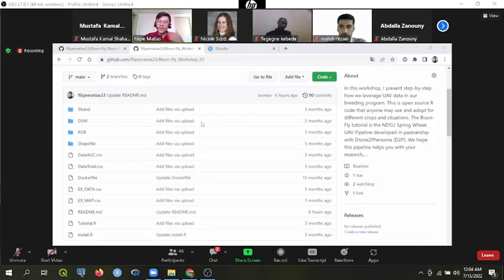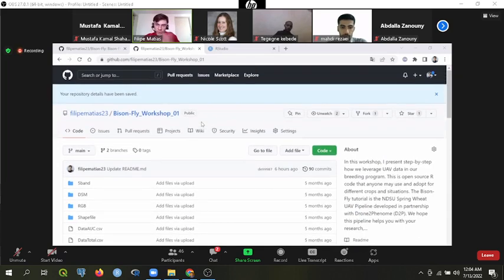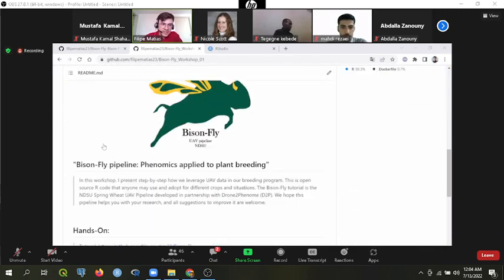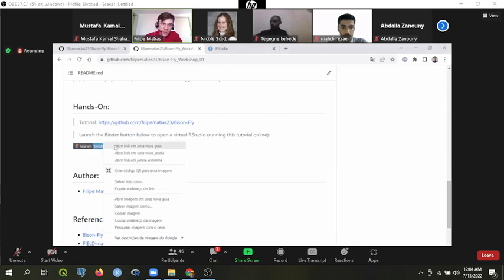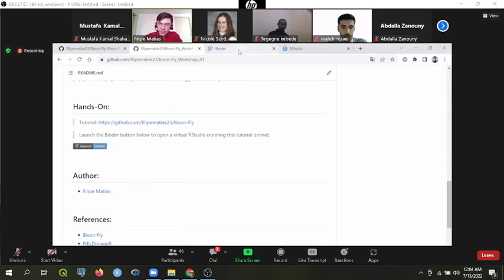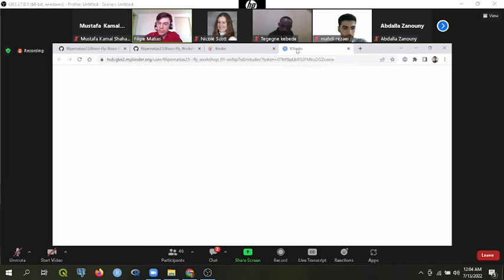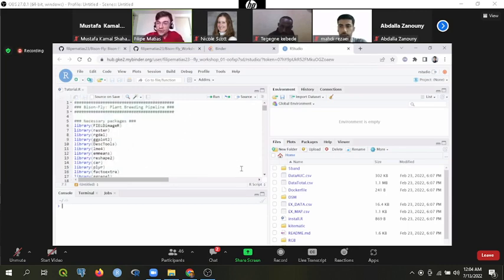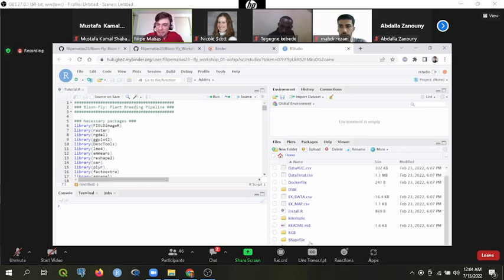After you open it, if you want to follow the code with me, go to the link, come below to the blue button called Binder, and open a new window. We're supposed to open an RStudio Binder, which is going to be our workshop. After you do this, come down below and press the tutorial R. That's going to be the code that we're going to be running, right?